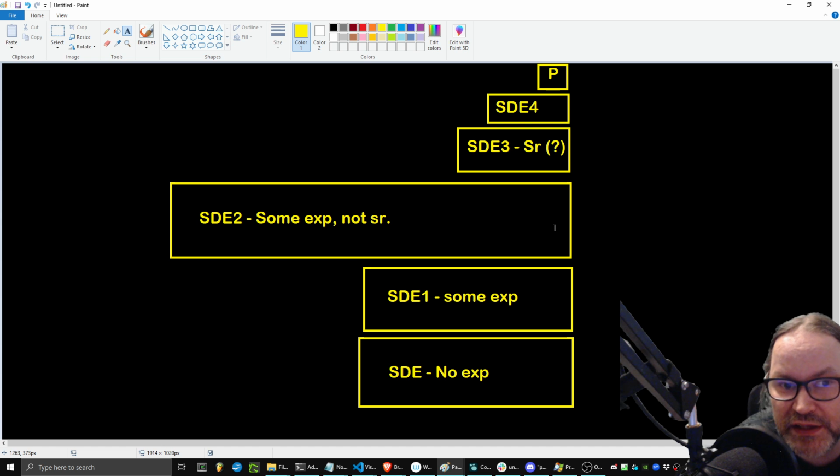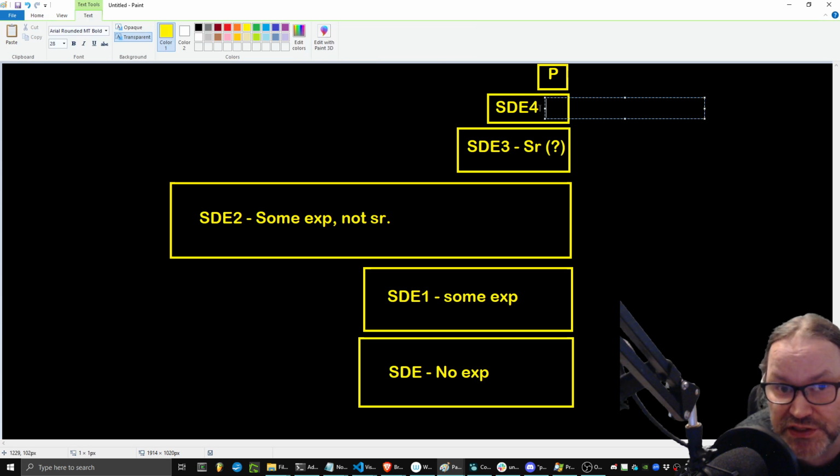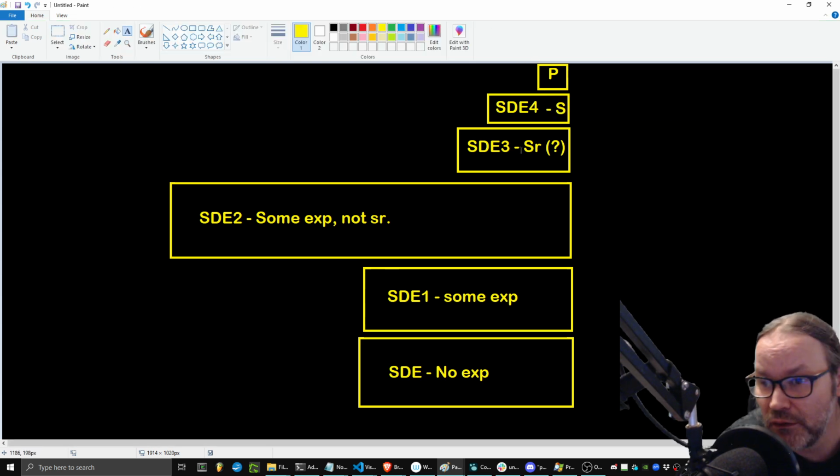And so the issue here is that there's not enough roles for principals. There's not enough roles for staff, which is this one right here. And there's not enough roles for the senior people, whether you're a lead or not. And so the crunch really, really happens because of the SDE2s.